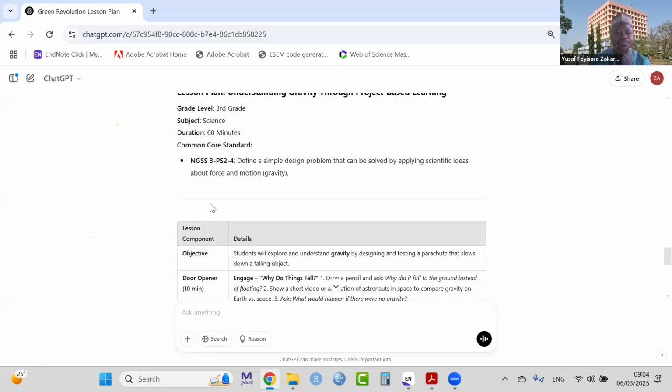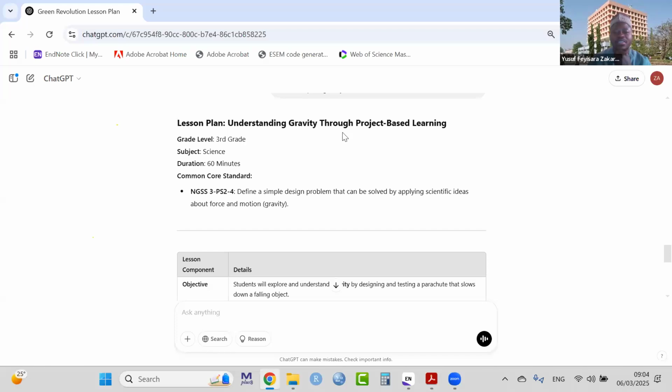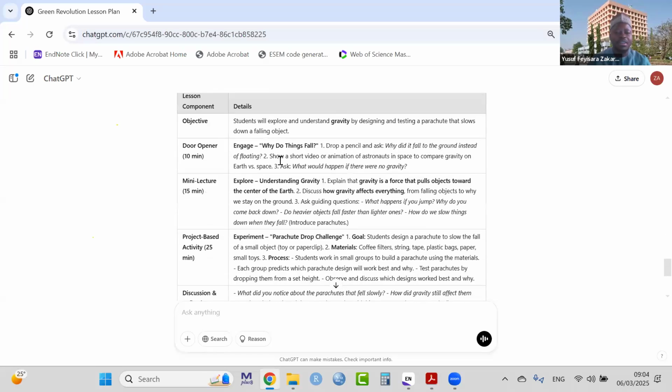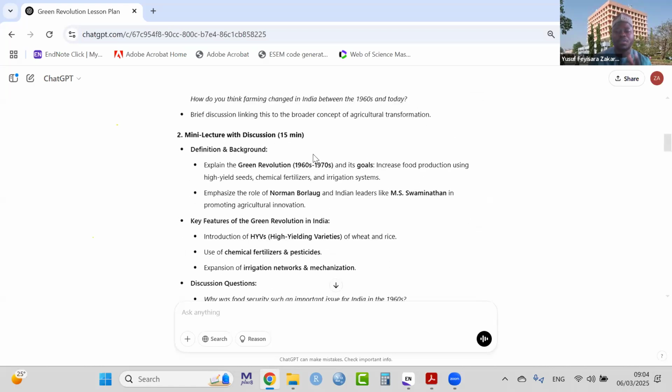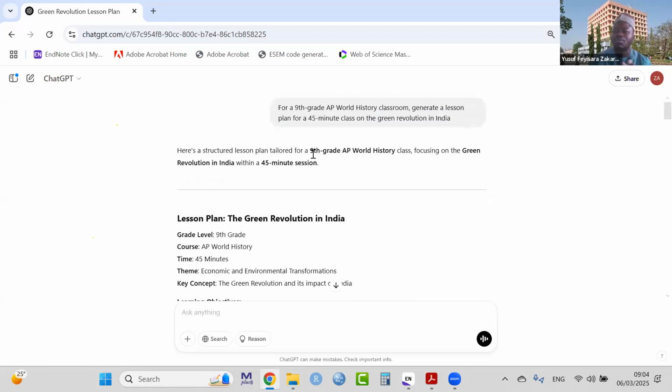It says, understanding gravity through project-based learning. So we have the preliminary pages. Then it produces this in tabular form. Take note of something. You may ask yourself, you didn't ask this machine to produce this in tabular form, but it has produced it. Why? I may tell you a reason. Remember the first lesson plan was not in tabular form.